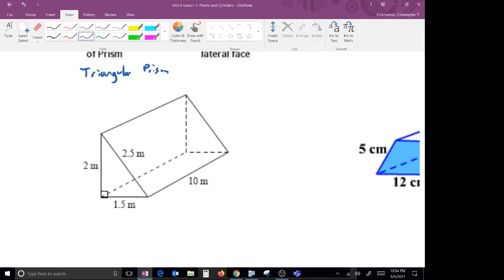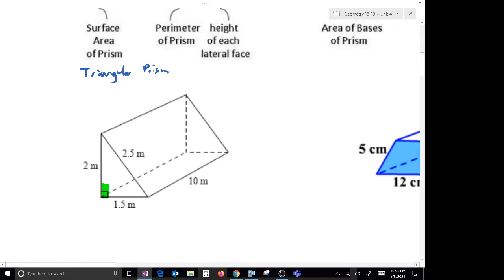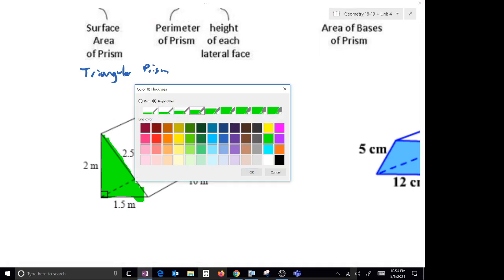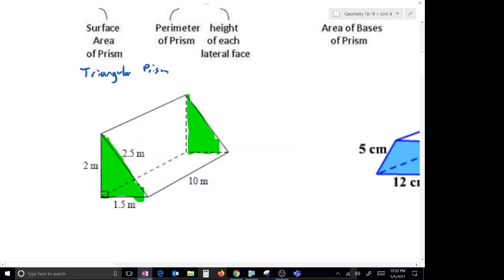And the two bases would be these triangles here. Those two triangular bases.